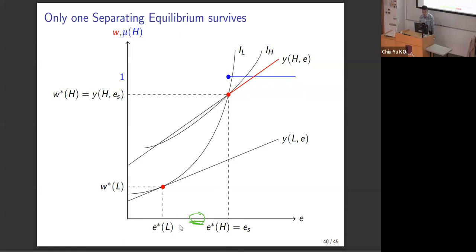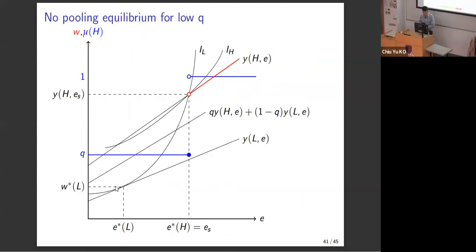Sorry, a little bit of overrun, but I want to finish this one. The other case is the pooling equilibrium, which depends on Q. Imagine this low Q case. Low Q means this line is lower, because Q is low, so this average is closer to the low one than above.